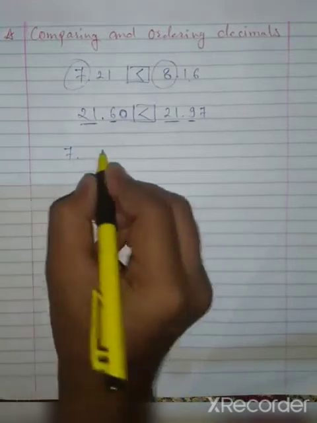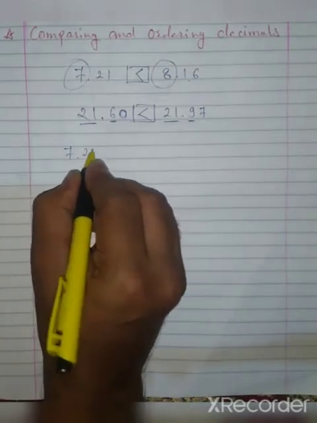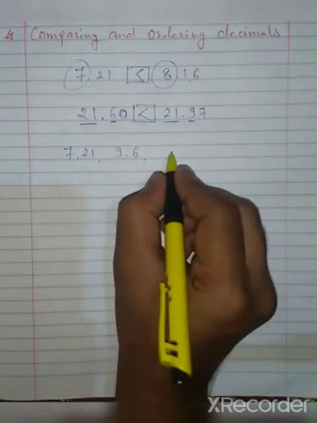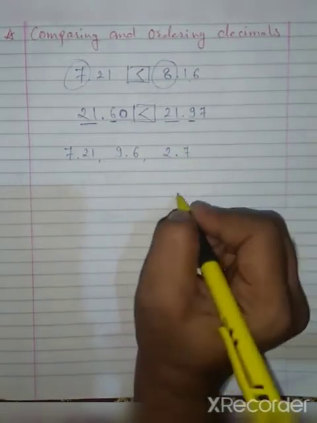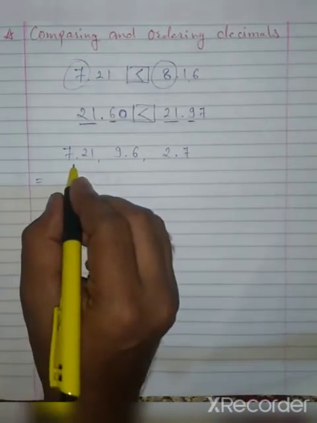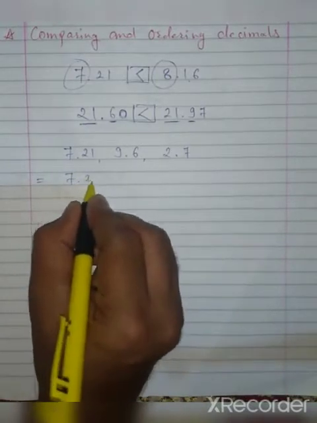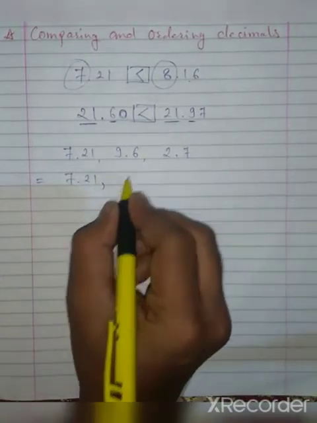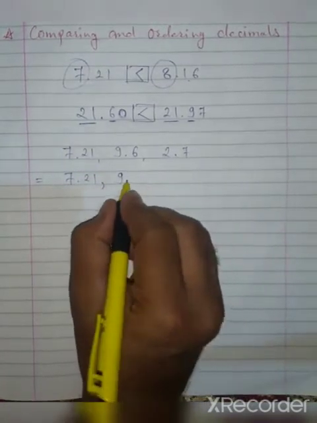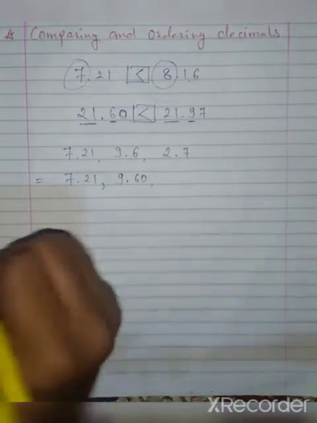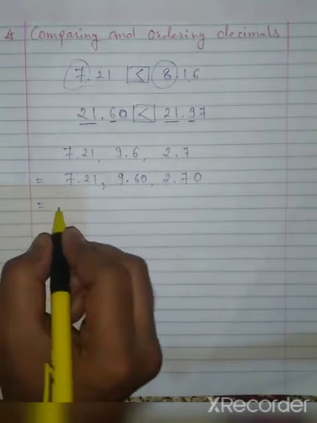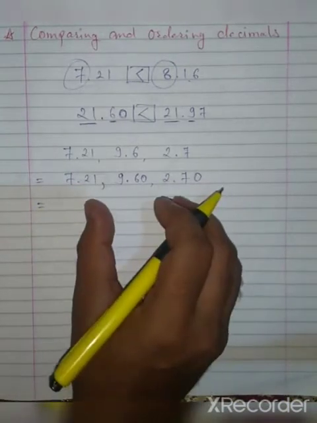So I'm writing a question for ordering: 7.21, 9.6, 2.7. Here you can see, for ordering, first of all convert into like decimals. So 7.21, now 9.6, the highest decimal place is 2, so now we will convert into 2 decimal places by putting 0. 2.70. Now we can arrange into ascending or descending order.